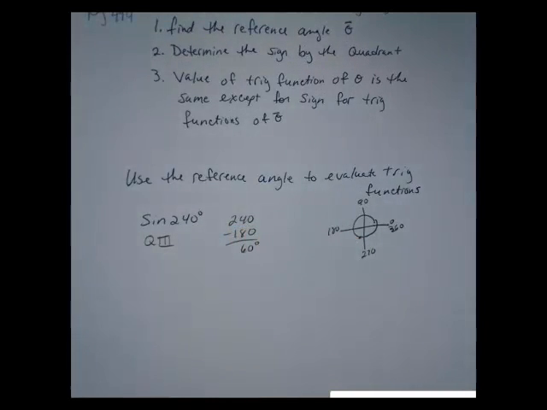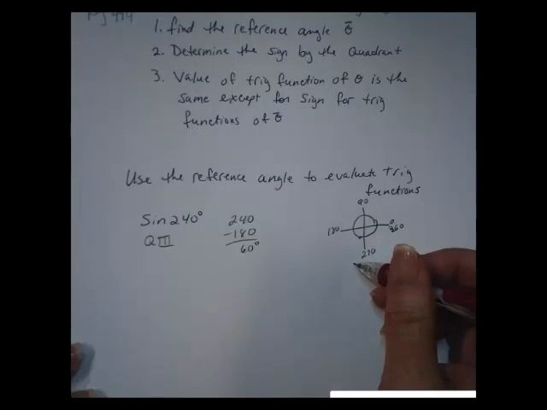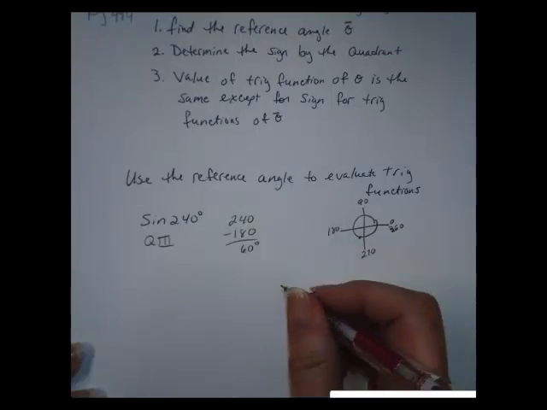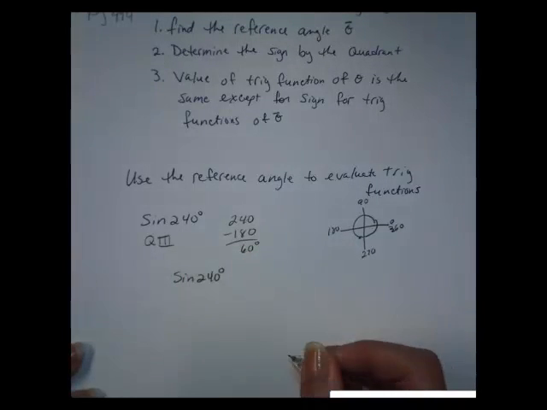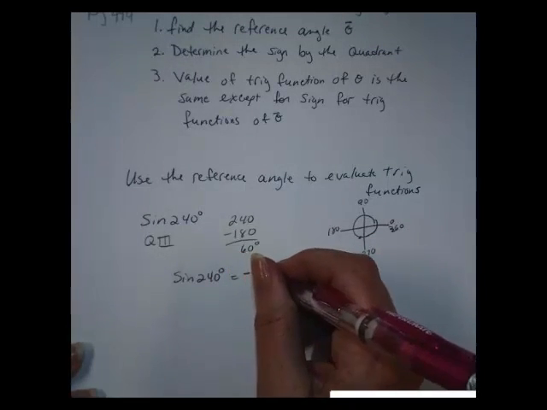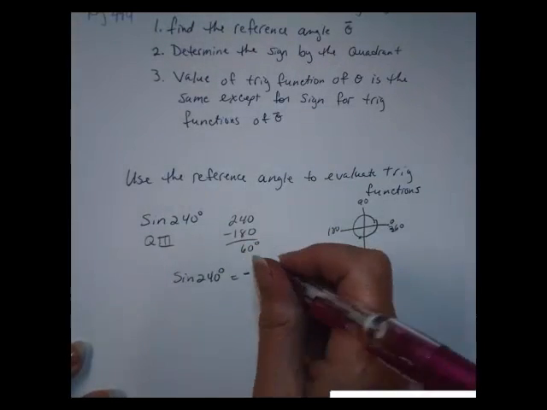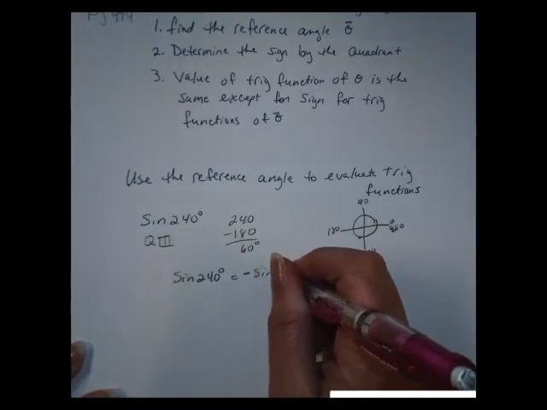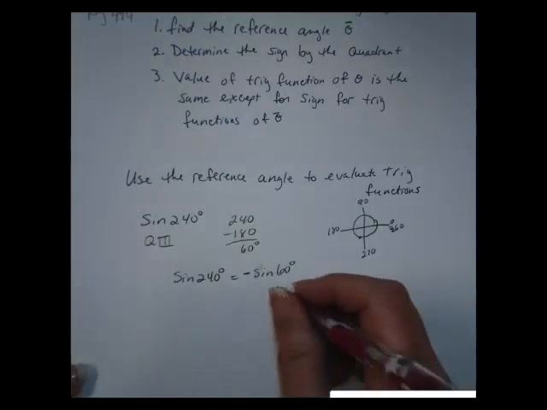Now, if we're talking about the value of sine of 240, and we're talking about quadrant 3, it is going to be negative. So this tells us that the sine of 240 degrees will be equal to the negative value of sine of 60 degrees. And the sine of 60, this is our reference angle.